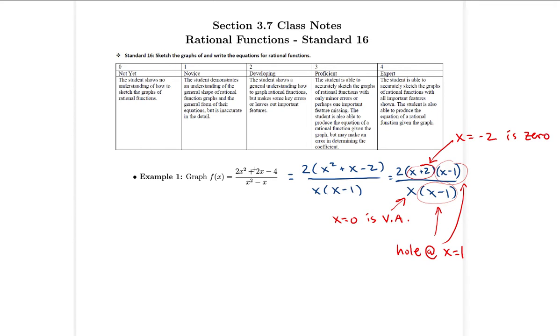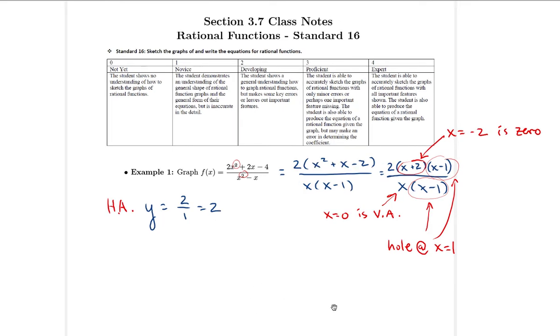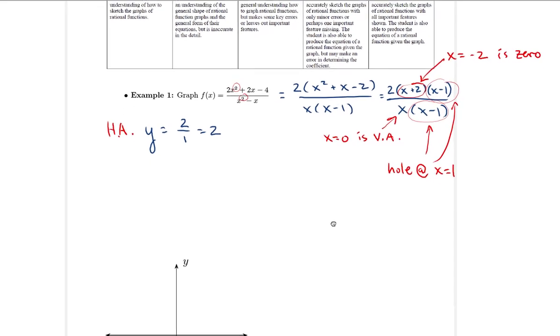So remember, our rule is if these highest degree terms have the same power on top and bottom, then our horizontal asymptote is found by taking the coefficient in front of the top highest degree term divided by the coefficient in front of the bottom highest degree term. So y equals 2 is our horizontal asymptote. With all that information, we're able to get a sketch of this graph now.